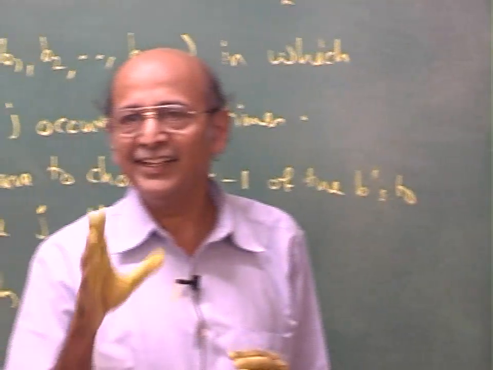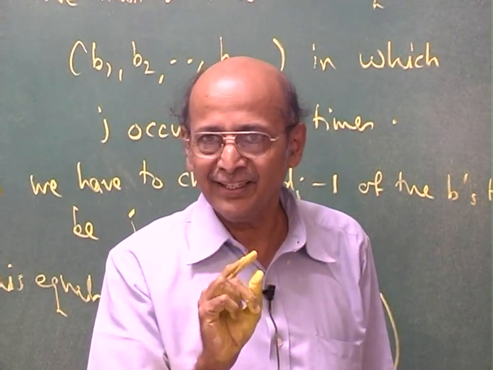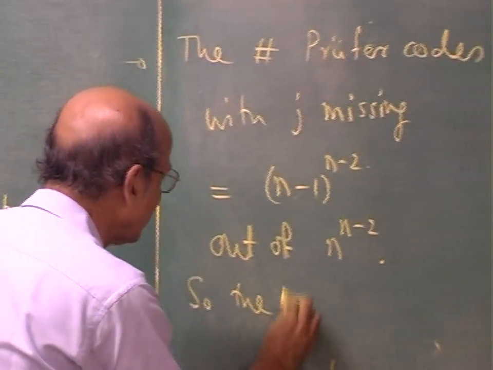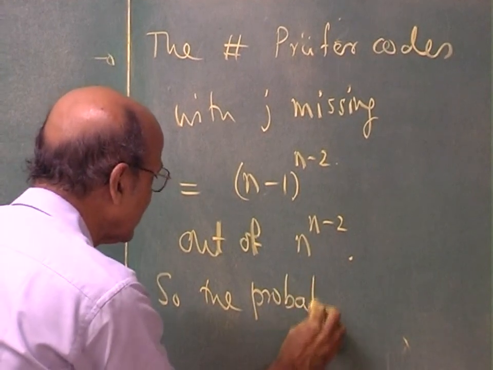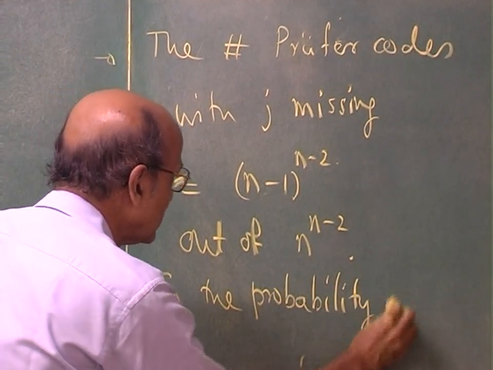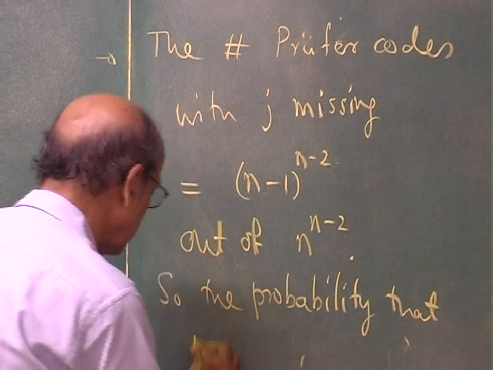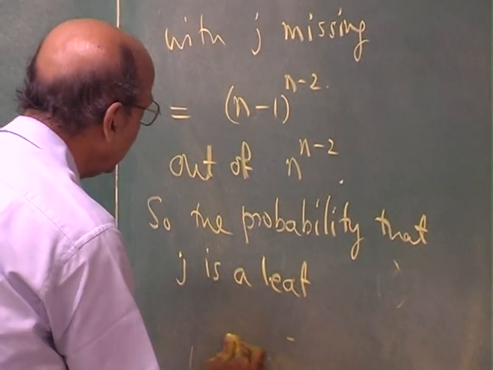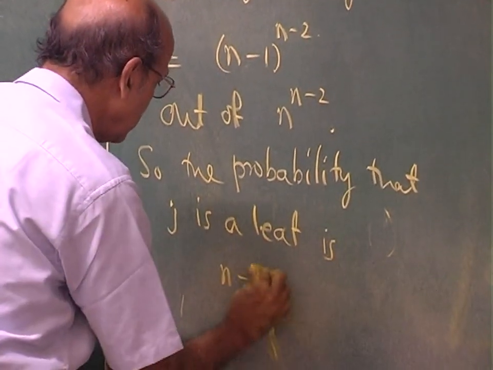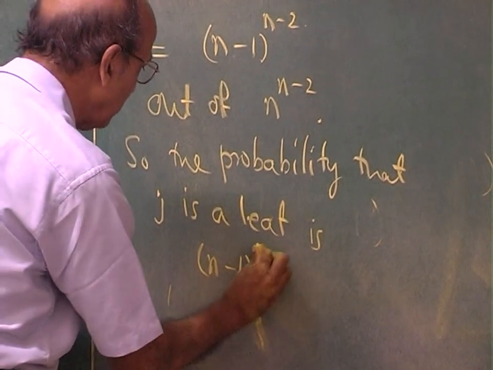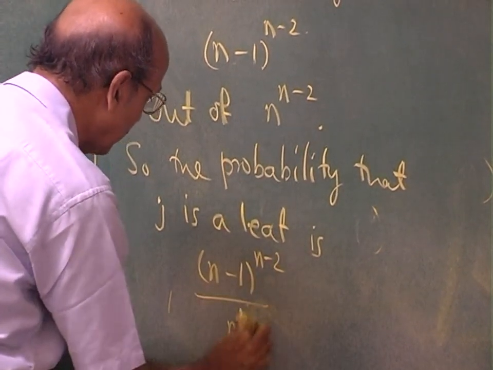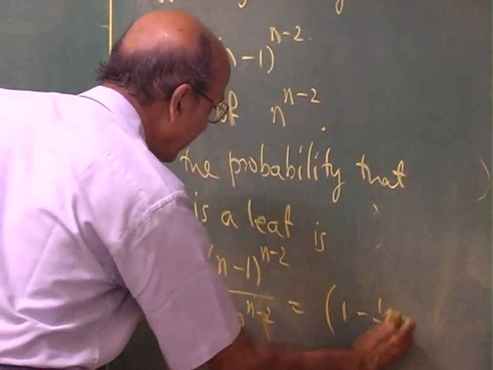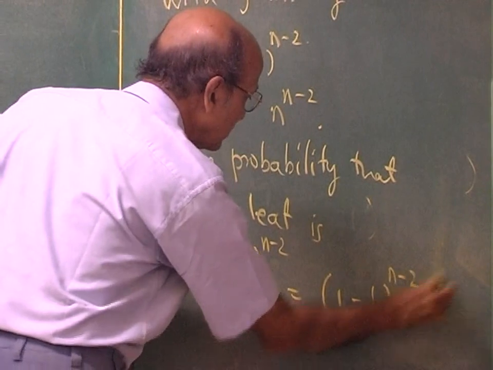Yes, is there a question? So the probability is n minus 1 raised to n minus 2 divided by n raised to n minus 2, which is equal to 1 minus 1 upon n, raised to n minus 2.